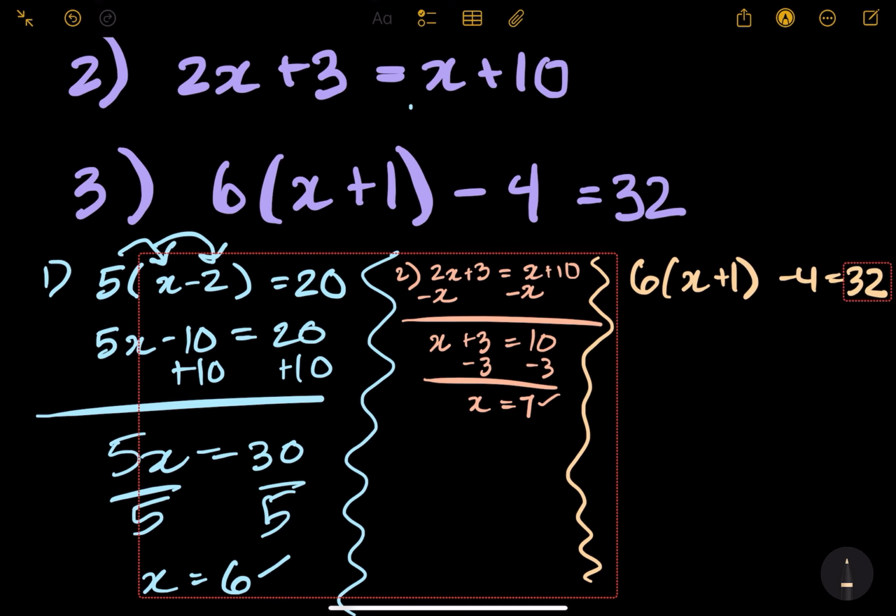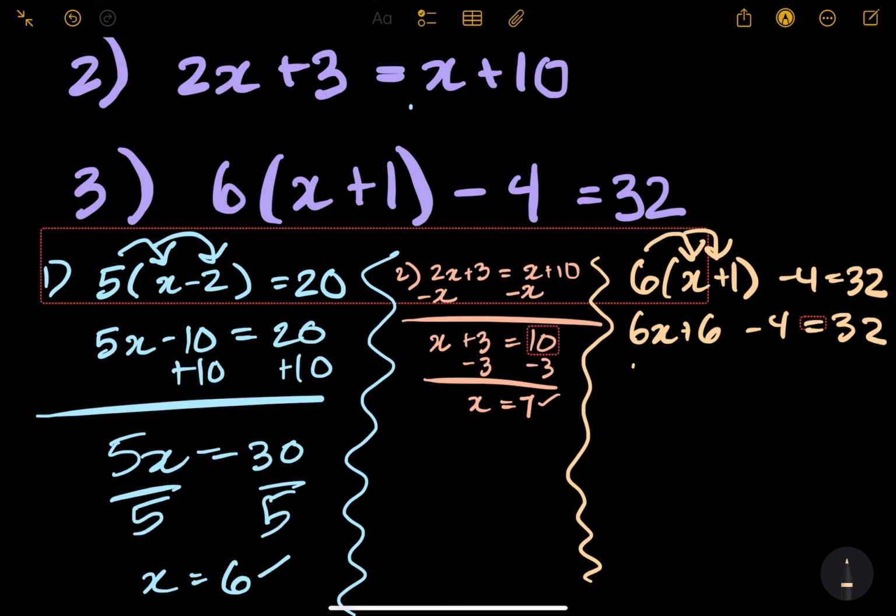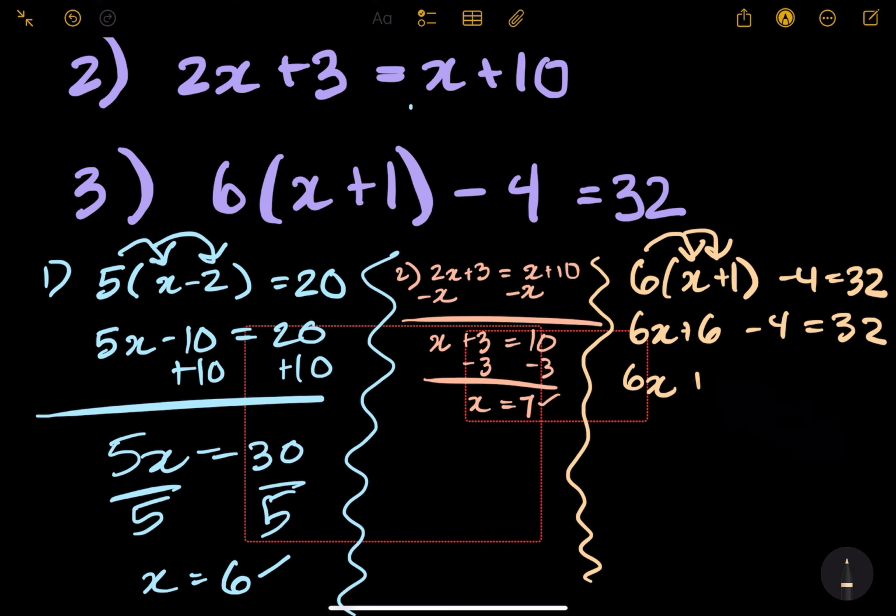Alright, so first we distribute, take the 6, multiply it inside the term. 6x plus 6 minus 4 equals 32. Combine like terms. 6x, 6 minus 4 is a positive 2, equals 32.